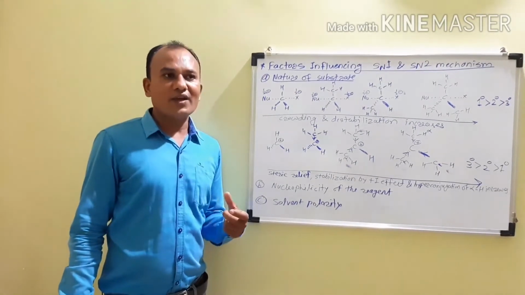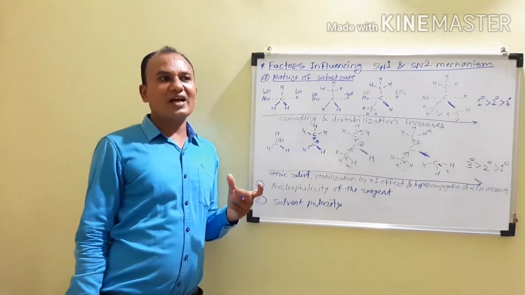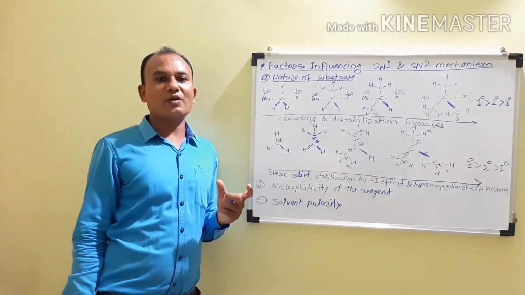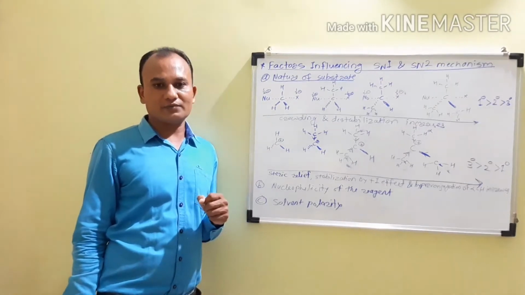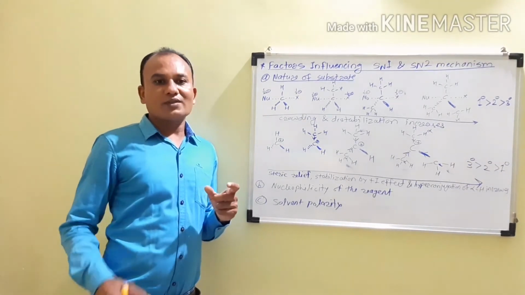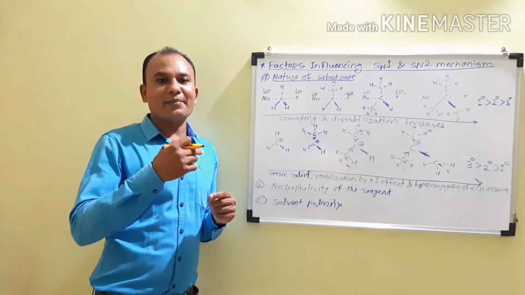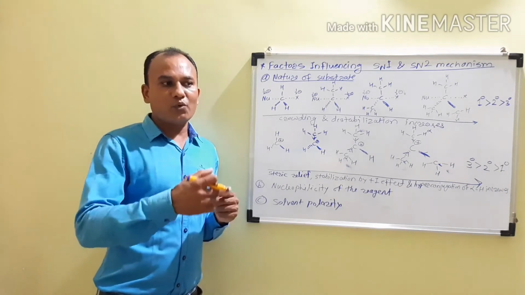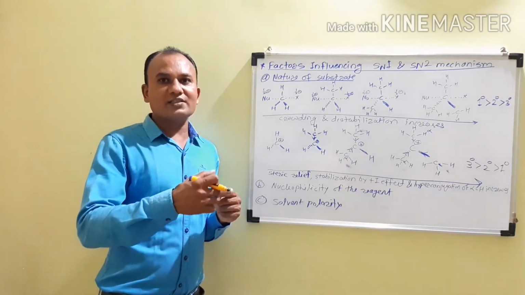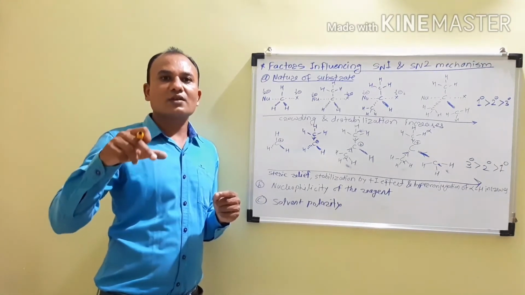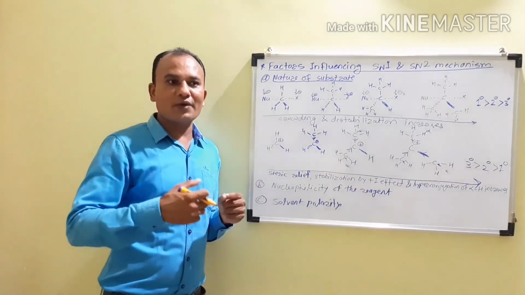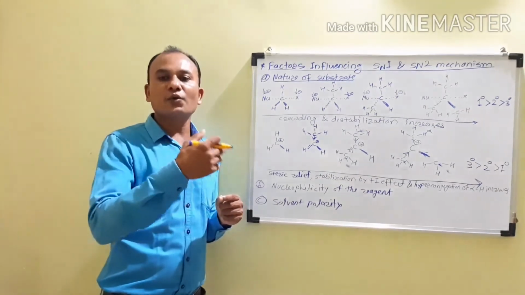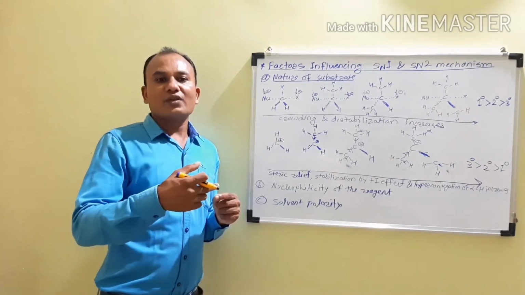Now when we consider the SN1 mechanism, there is a formation of carbocation. This carbocation gets stabilized by a polar solvent, and if the polar solvent has protons, these protons solvate the negatively charged species, that is our nucleophile.